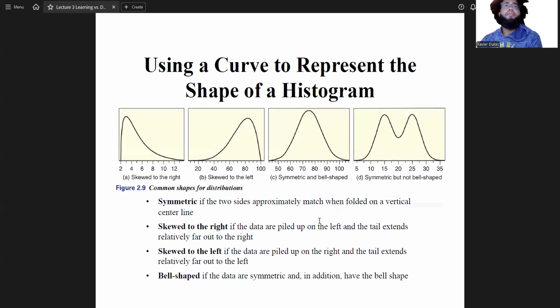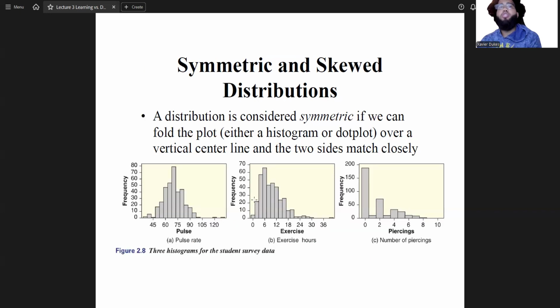So using a curve to represent the shape of a histogram, notice how you can draw a general trend line over the top of a histogram. If you know anything about calculus, this gives you the area under the curve.